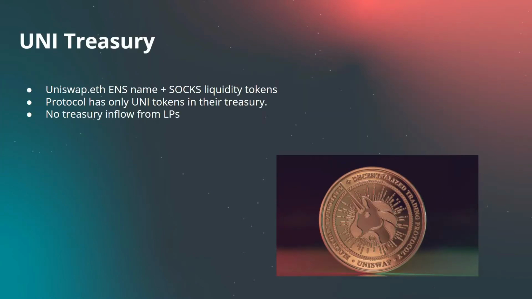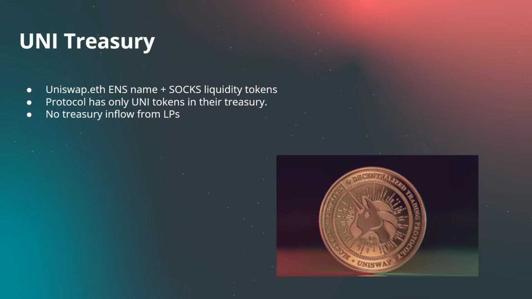So the Uni Treasury only has Uni tokens to pay the team members their salaries, and the Treasury doesn't generate any income from the trading fees, which is sometimes called a big problem for the Uniswap team and the developers.